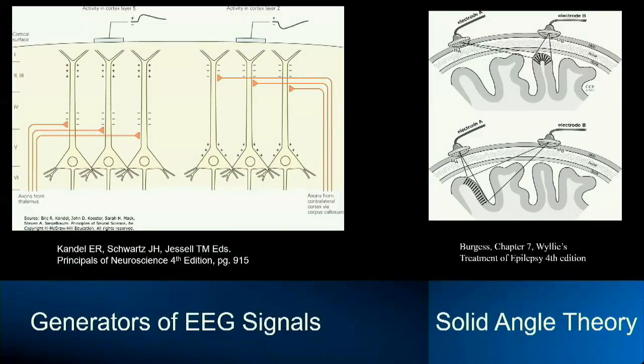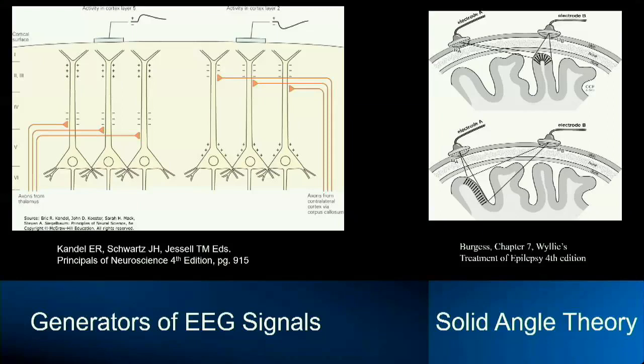What is beautifully capable of generating an EEG is the postsynaptic potentials often seen in layers 2 and 3, which are the dendritic structures of our 6-layered cortex. Layers 2 and 3 are where these synaptic potentials are being generated at the dendrites, and they are the generators for the EEG.